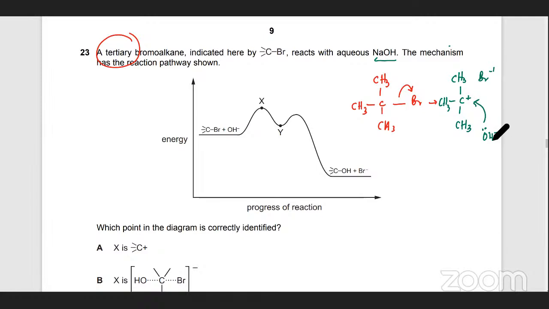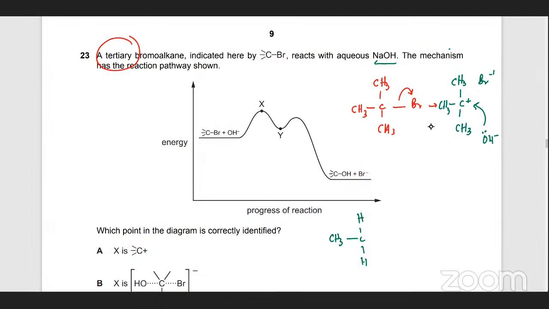The other mechanism was for a primary halogenoalkane. Now, in a primary halogenoalkane, it's very hard for the Br to break away. Reason being that the carbon is not surrounded by a lot of alkyl chains.